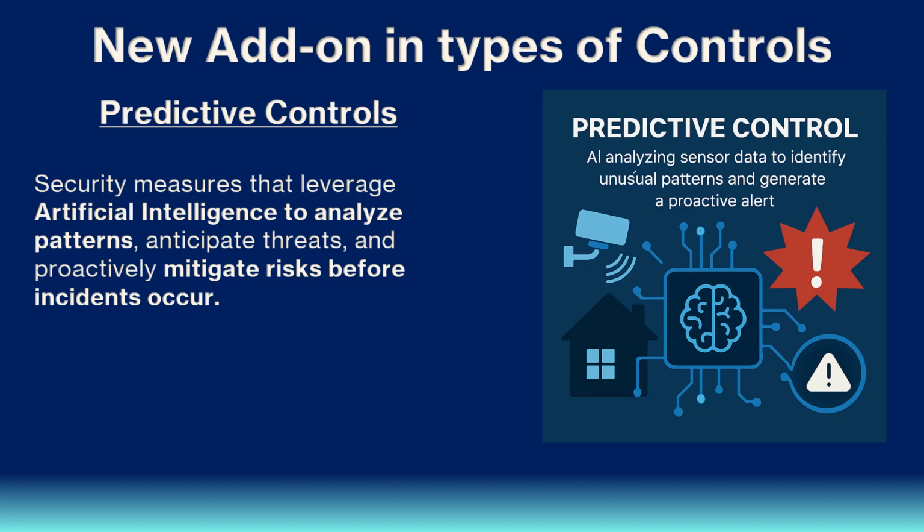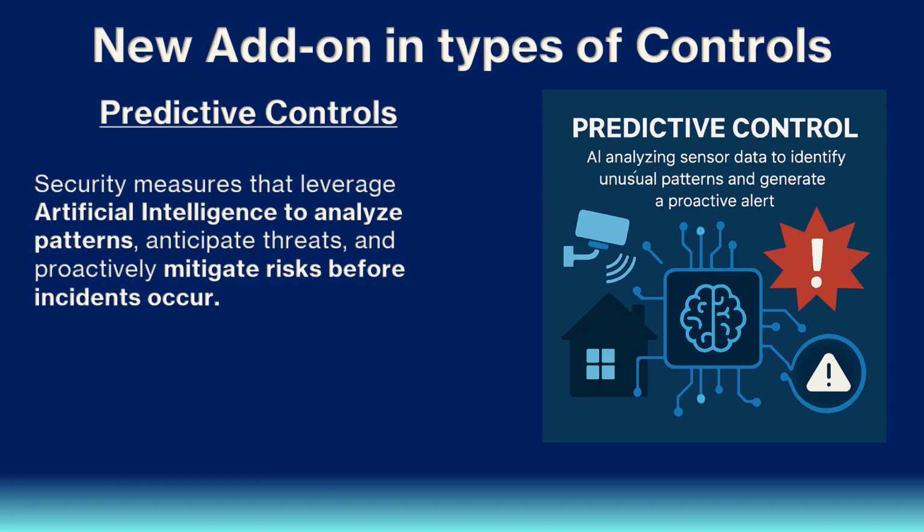Now there is an evolution of a new control, and that is predictive control. Unlike preventive or detective control, predictive controls don't just react to what's happening right now. Instead, they look ahead by using AI and machine learning. The controls analyze patterns, spot anomalies, and forecast potential threats before they strike.